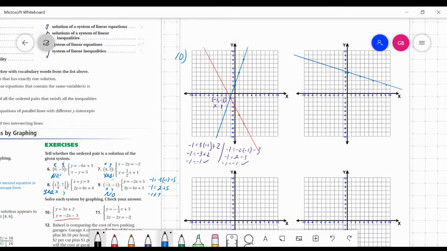And then for the other equation, 2x minus 2y is equal to -2. I need to solve for y. So I'm going to subtract 2x from both sides, and then divide by -2.